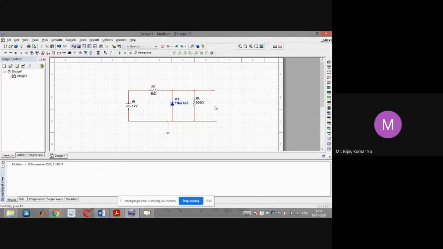Now, just calculate for me what is the minimum VI. Although I have kept it 12, I may change this value to some other value. Now calculate for this particular voltage regulator what is the VI minimum that is required to turn this zener diode on. Calculate it. Do it.